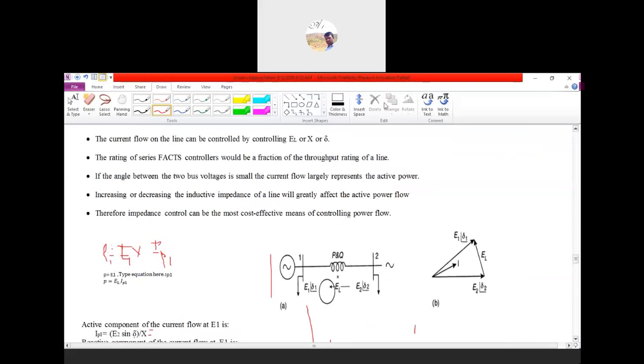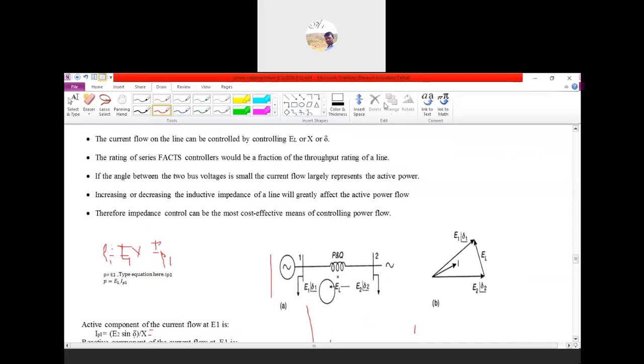So if you control the impedance value, the reactive power is also controlled. If you reduce the impedance, the reactive component changes. So by controlling the impedance, we can control the reactive power and active power. That's the main thing.